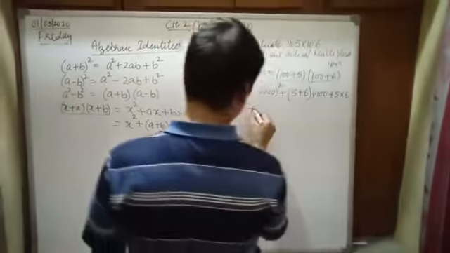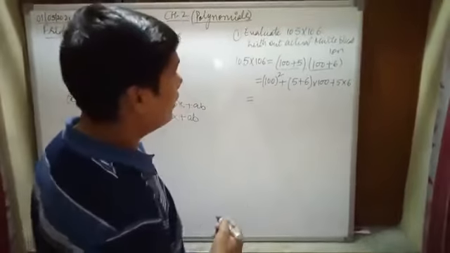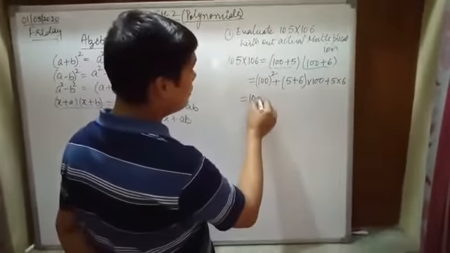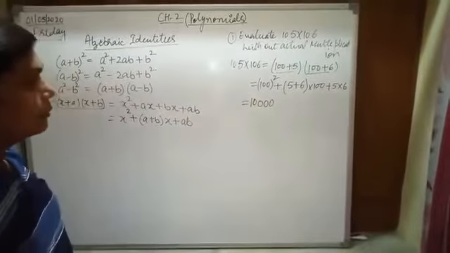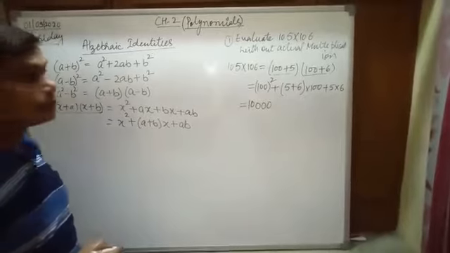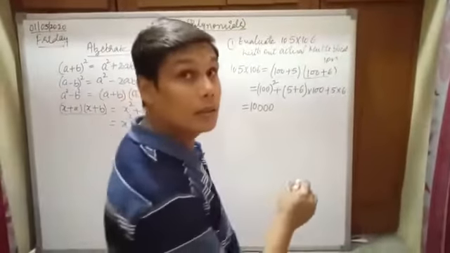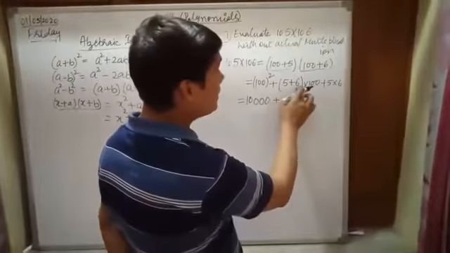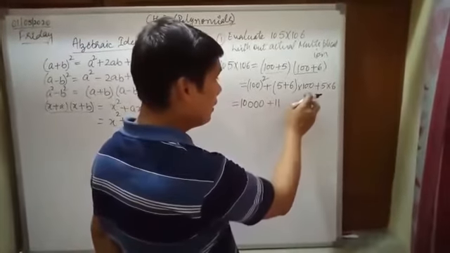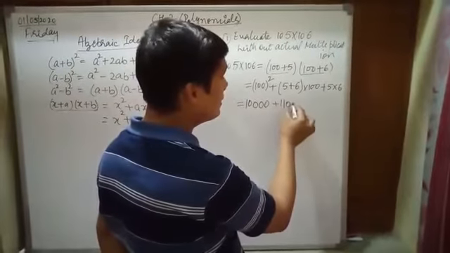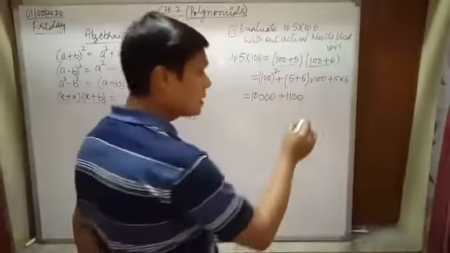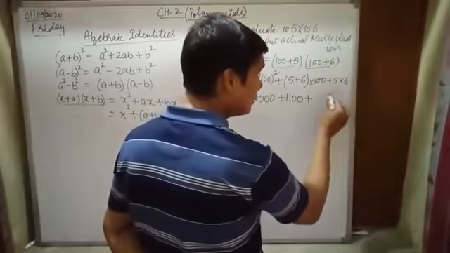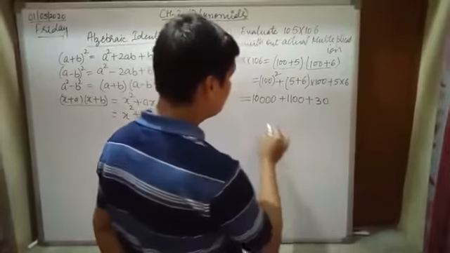Then 100 square means 10,000, plus 5 plus 6, 11 into 100, it means this is 1100, plus 5 sixes are 30.